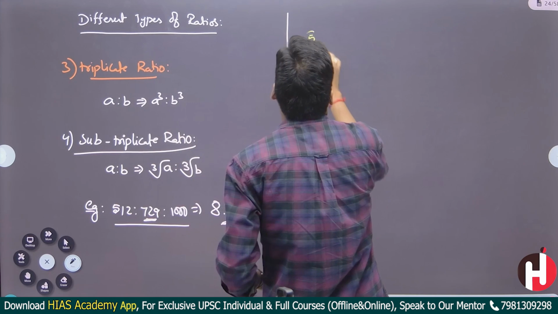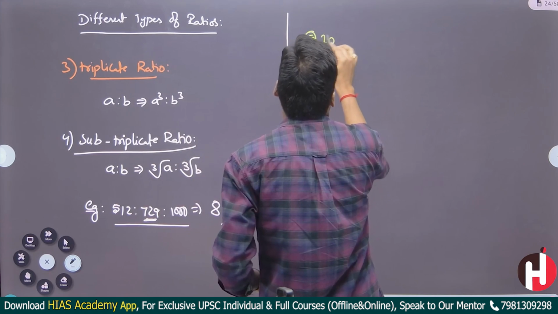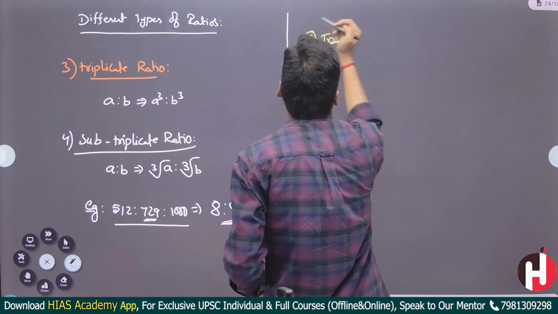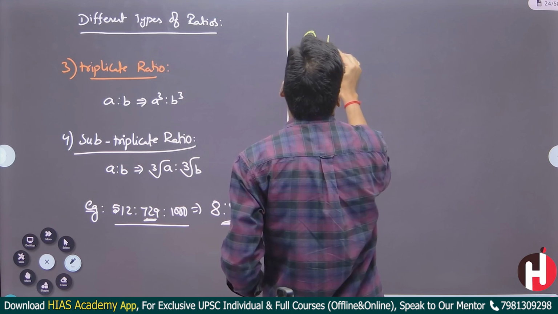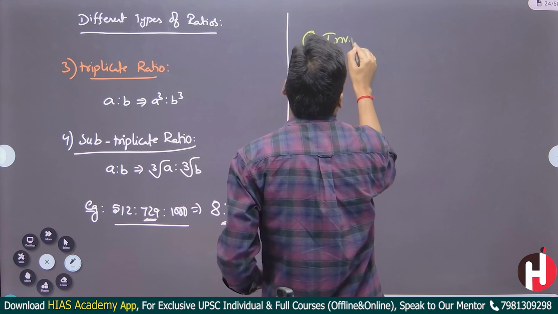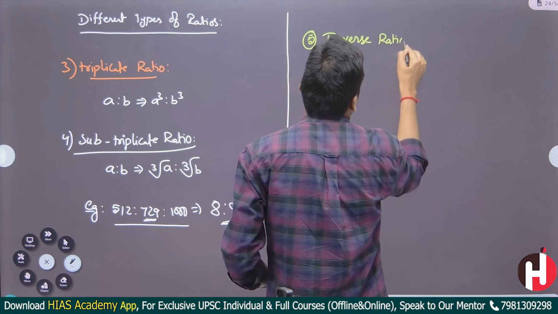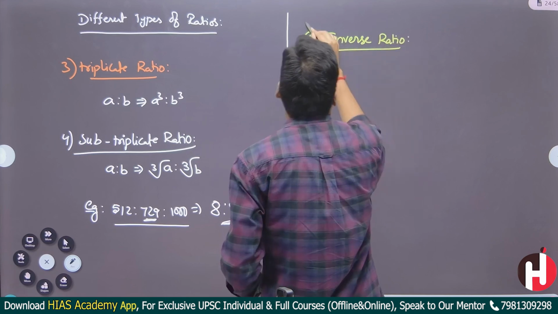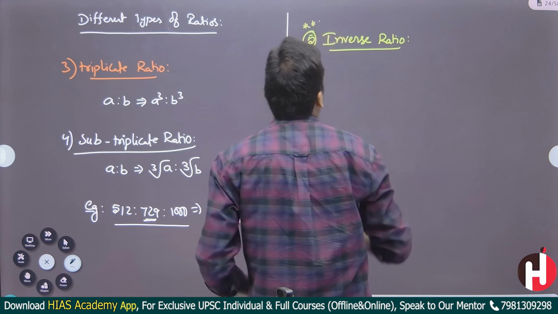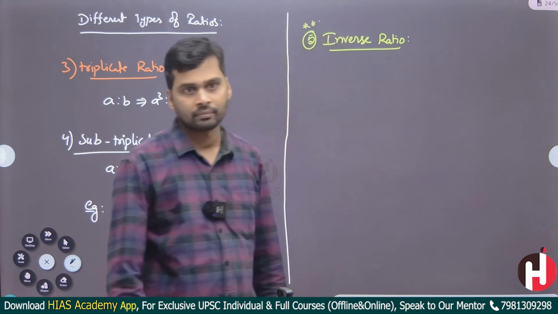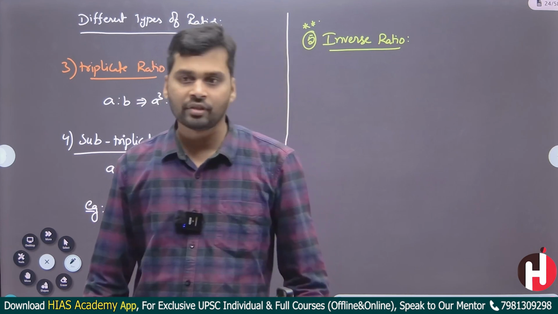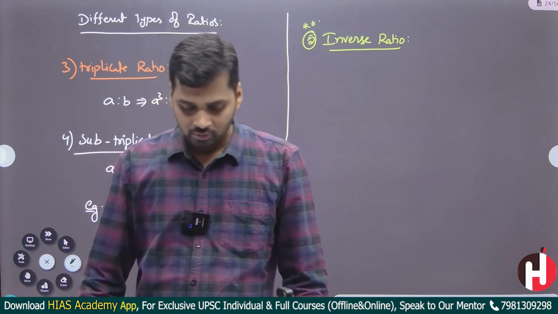Fifth one is inverse ratio. Inverse ratio is very, very important.